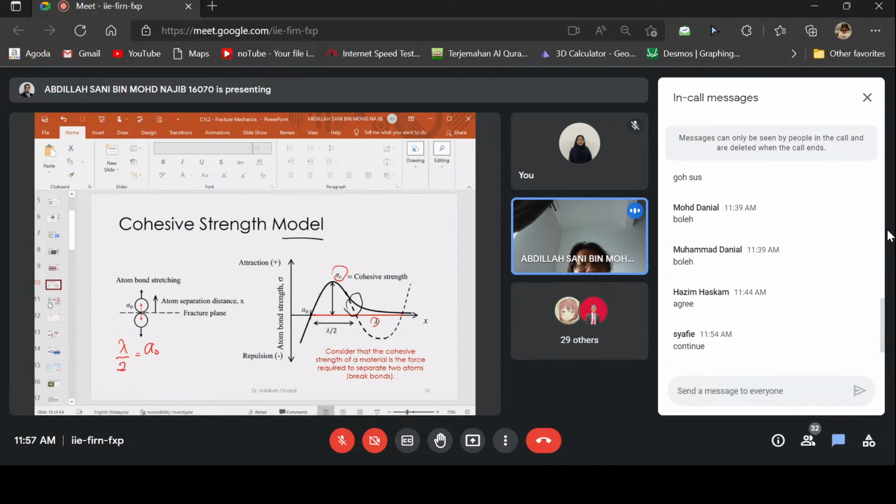So when you stretch, when you reach this lambda over 2, the force, the bond, is almost zero. It has almost no effect. It could have a small effect, but it is based on our approach from the sine.